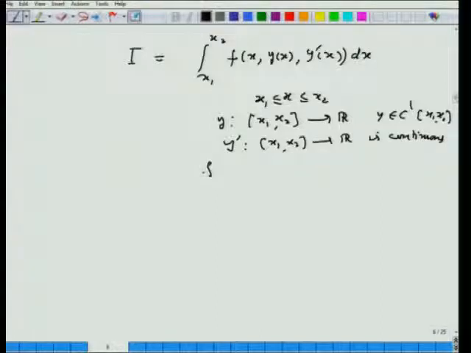And this f is continuous in all its arguments.